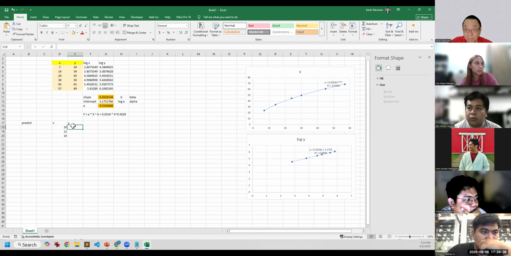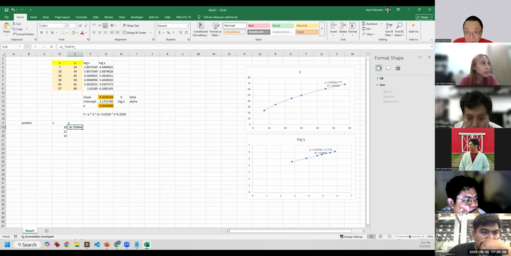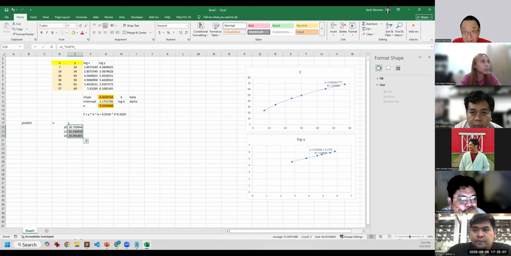So then we have A multiplied by this X, exponent of P. So that is the result. This is the predicted value. Then you can just copy this down.